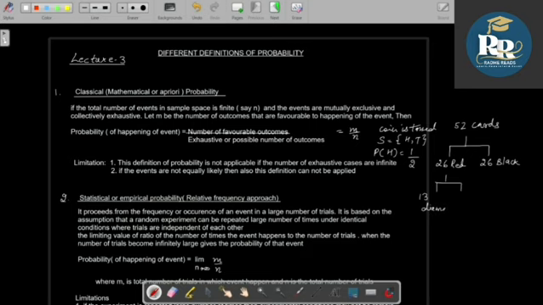In the 26 red cards, we have 13 diamonds and 13 hearts.